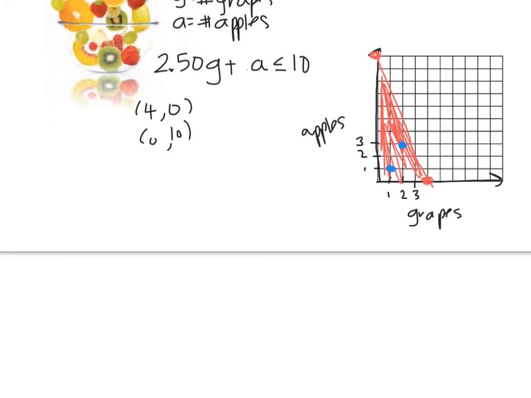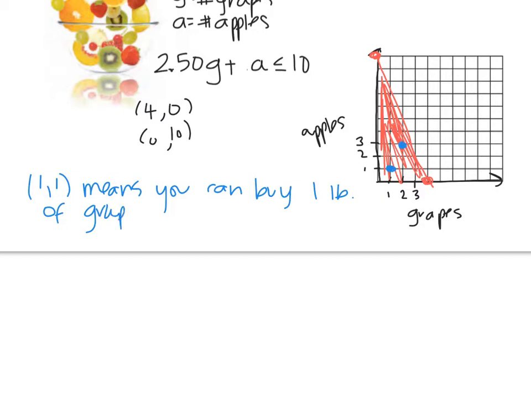So you can get 1 pound of grapes and 1 pound of apples. So (1, 1) means you can buy 1 pound of grapes and 1 pound of apples.